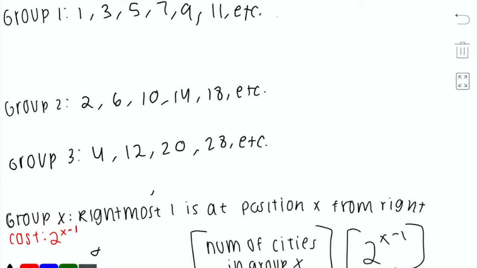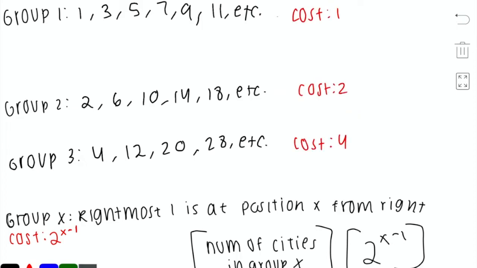We can figure out these numbers just by calculating them ourselves, by looking at the different binary representations that fulfill this condition of the rightmost one being at position X from the right. Again, the cost associated with each group would be 1, 2, and 4.